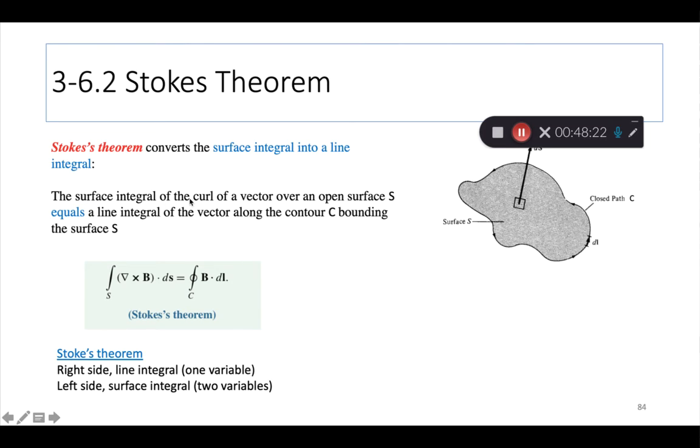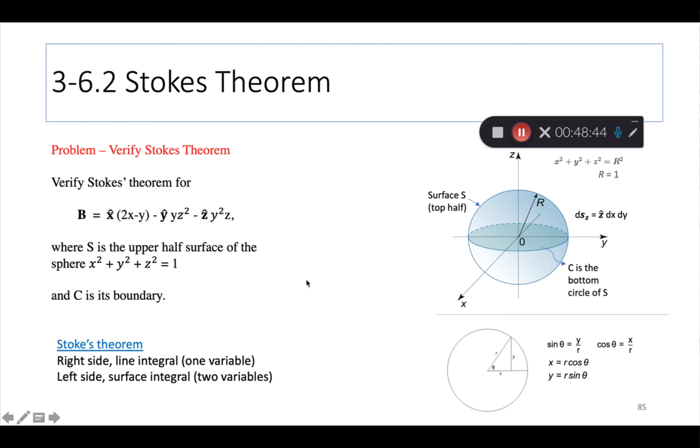The surface integral of the curl of a vector over an open surface S equals a line integral of the vector along the contour C or the path C bounding the surface S. So this is your Stokes' theorem. So there's a right side and there's a left side, and we'll do some problems to prove that Stokes' theorem works. Okay? Alright. So here's some problems.